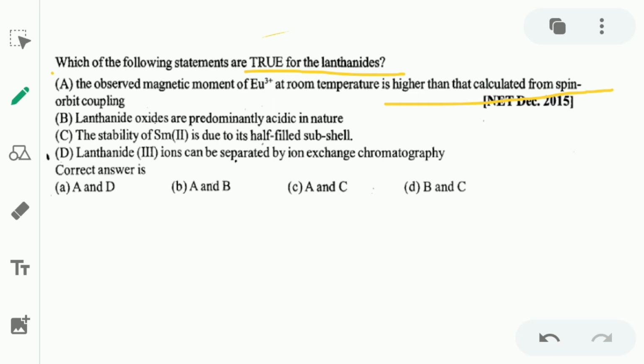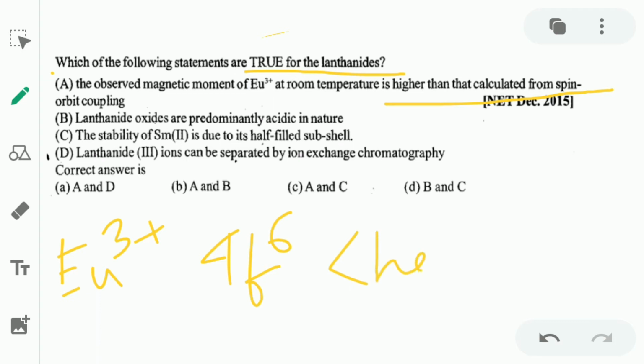Okay? As we know, europium 3+ has electronic configuration 4f6. Okay, that is less than half filled.